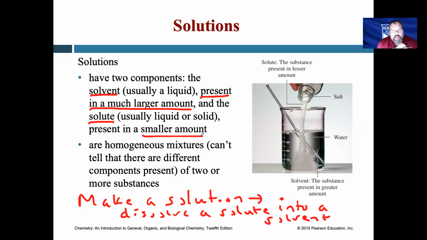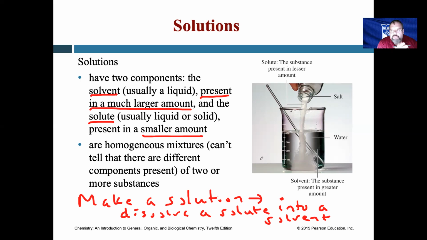For example, you can make sodium chloride in water solutions, which the diagram on the right is showing you. Table salt is sodium chloride, and they're talking about dissolving it in water. That's the picture you see to the side over here. There are many different sodium chloride solutions in water.